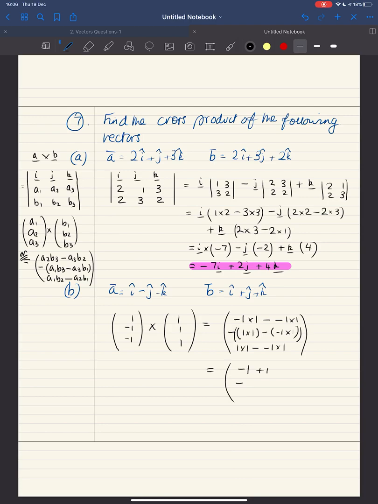So this is minus 1 plus 1. And this last one is 1 plus 1. So it's going to be 0, minus 2, and 2. So what you can say is minus 2j plus 2k.